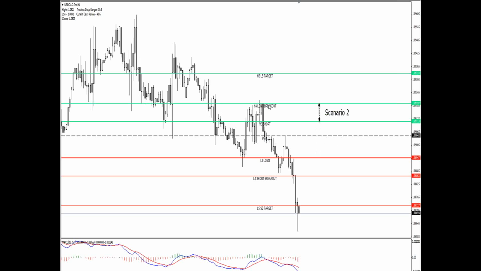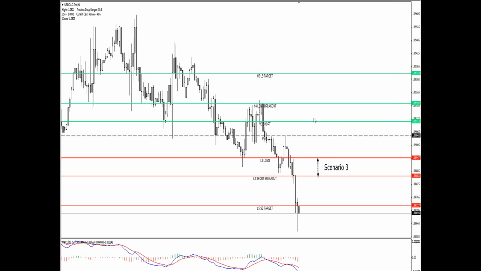So scenario 2, it's easy, okay? I explained this scenario 2. Now we move on to scenario 3. Usually the price will open between L3 and H3. You need to know that.